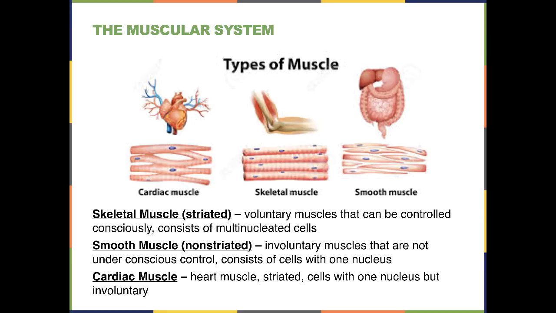It has one nucleus and is involuntary. It also branches, which is different than the smooth muscle or non-striated muscle. So these are the 3 types of muscles: the skeletal muscle or voluntary muscle, the smooth muscle or involuntary muscle, and the cardiac muscle, which is the specialized version of involuntary muscle.